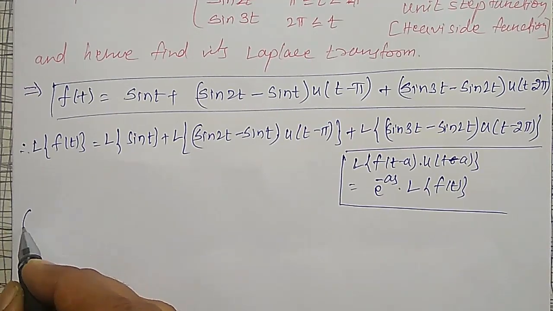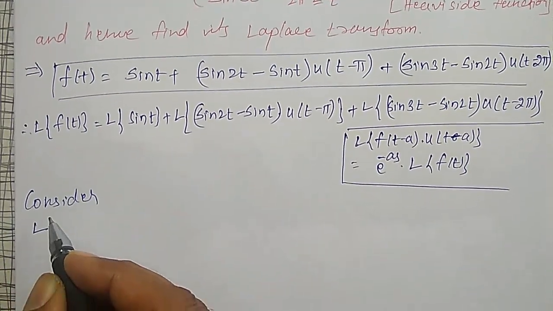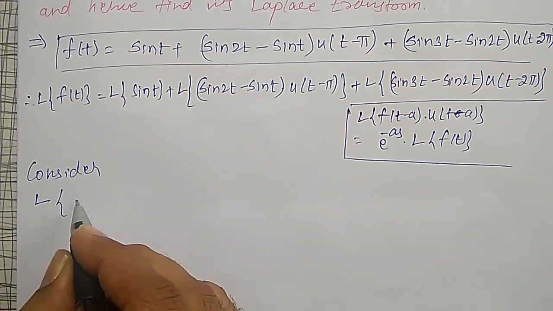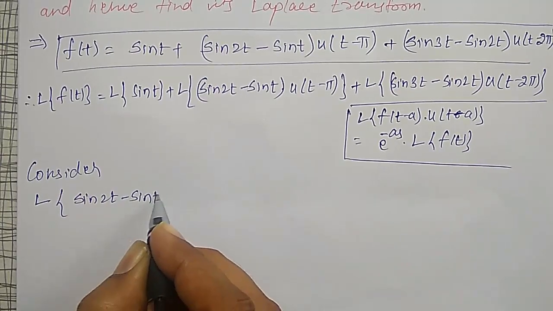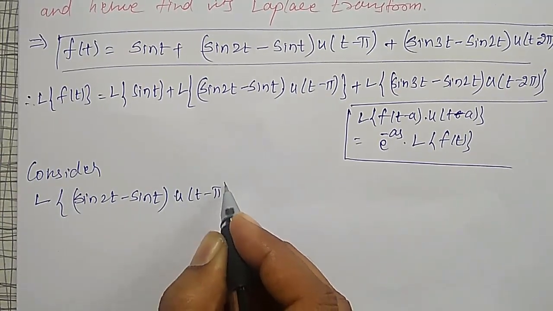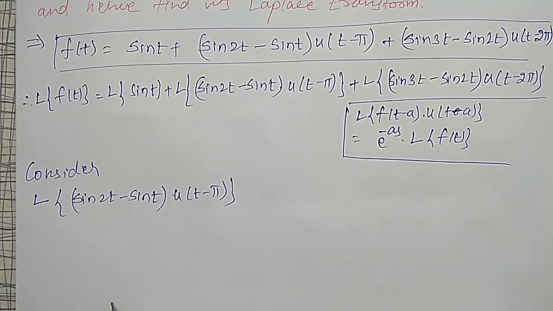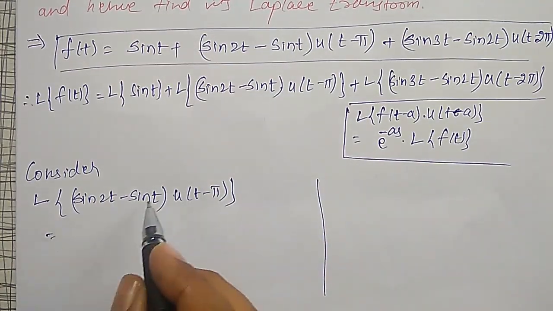First one, consider Laplace transform of sin 2t minus sin t into u of t minus pi. To find out this Laplace transform, comparing with this, my f of t minus a is this function.